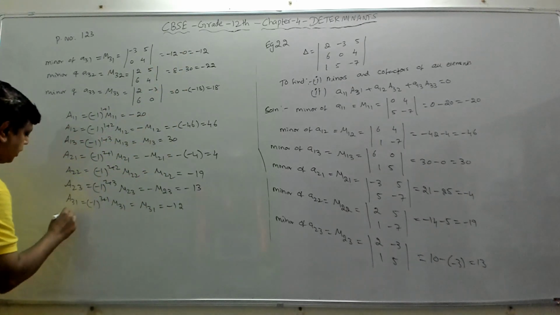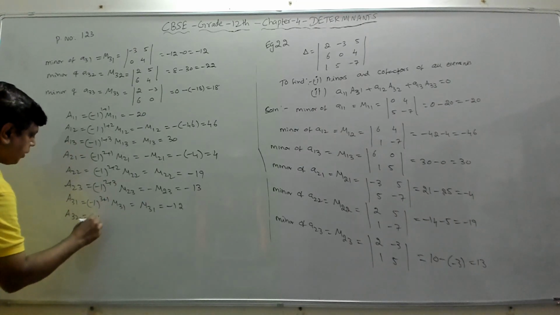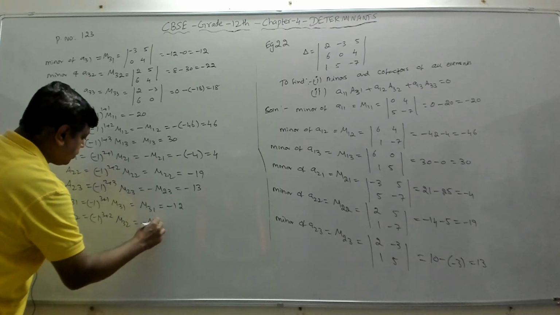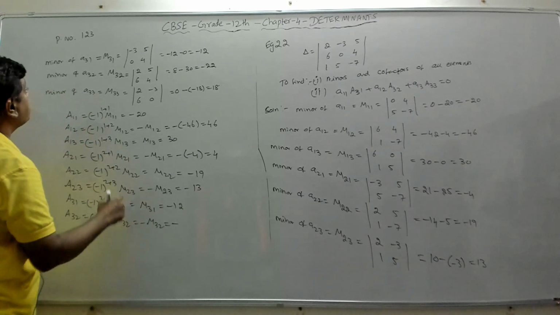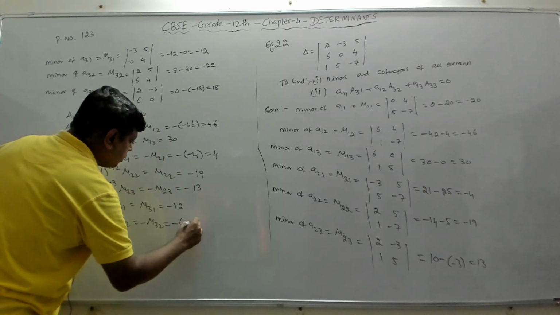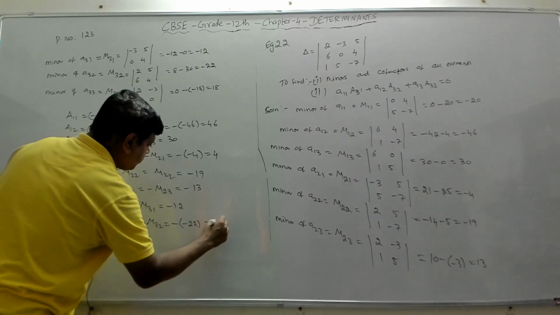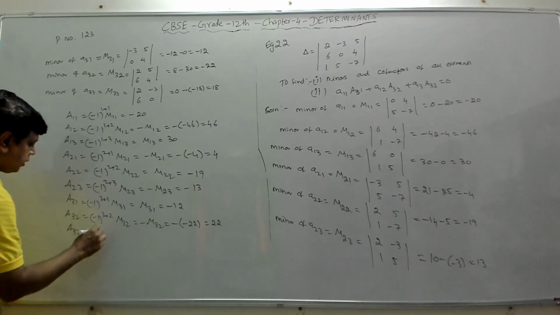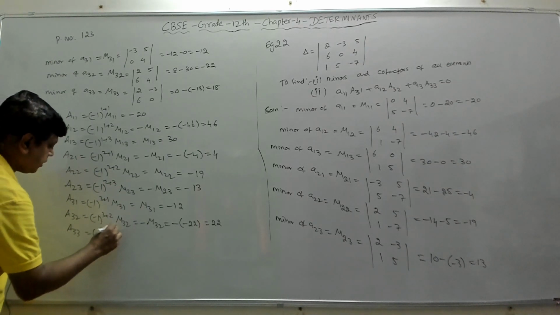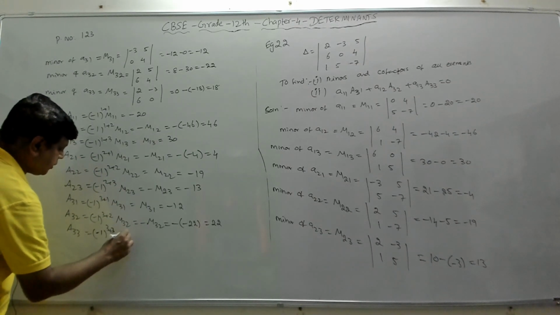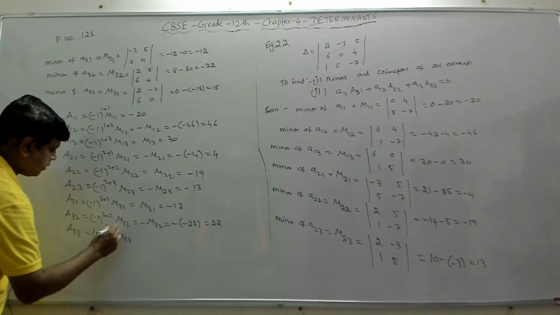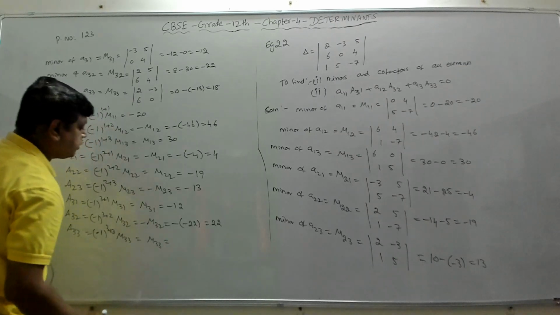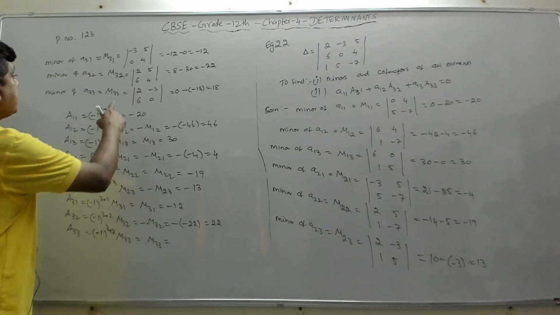Similarly A32 is minus 1 power 3 plus 2 M32, that is equal to minus M32. M32 is minus 22, so which becomes plus 22. Then A33 is minus 1 power 3 plus 3 M33, that is equal to M33. What is M33? M33 is 18.